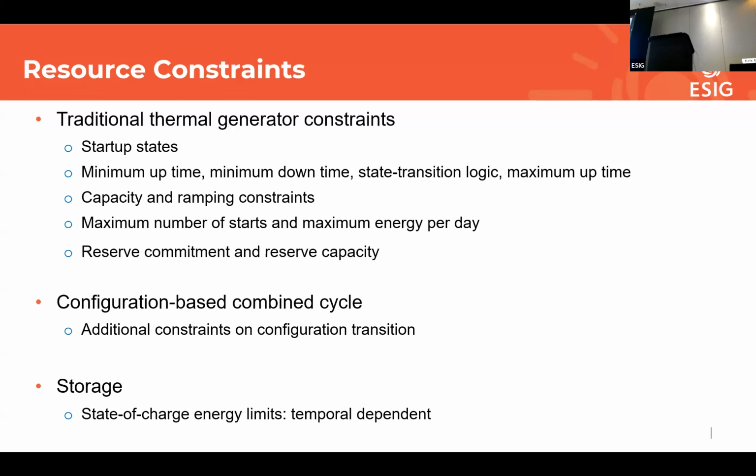This multi-configuration combined cycle model adds another layer of complexity. But in some other ISOs, like ISO New England, they introduced a megawatt-dependent ramp rate to capture some of this without getting too complex in the mathematical model.